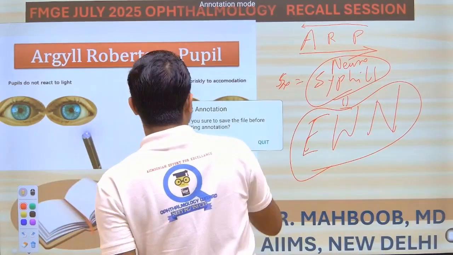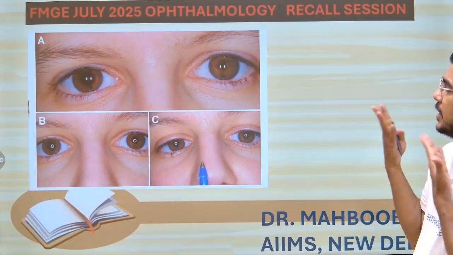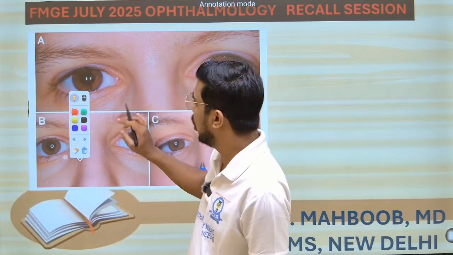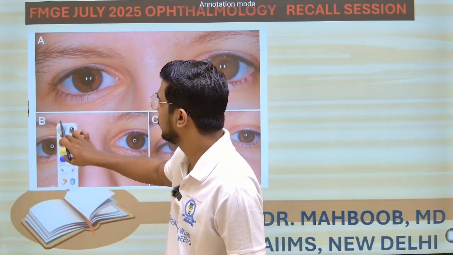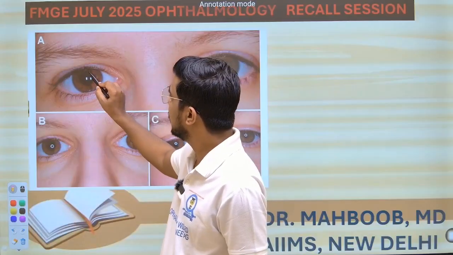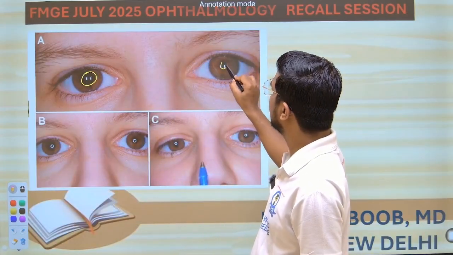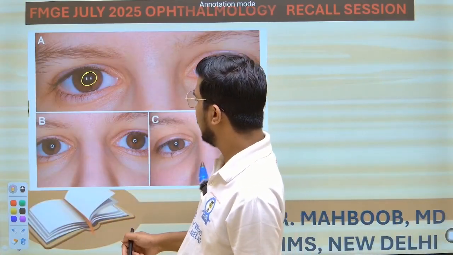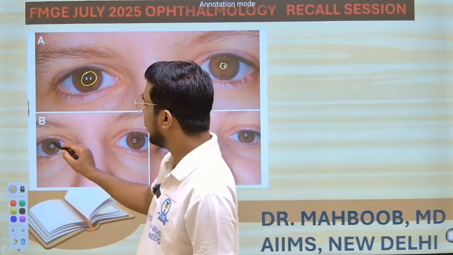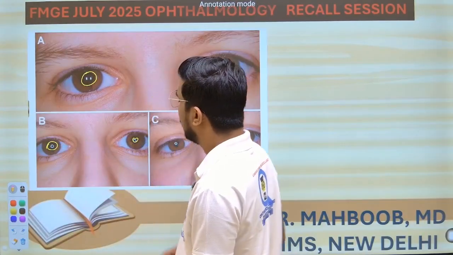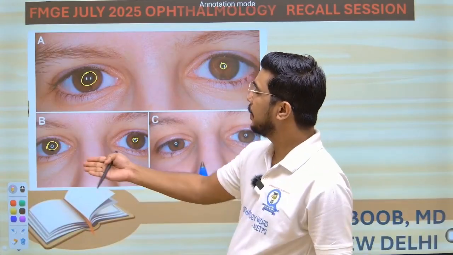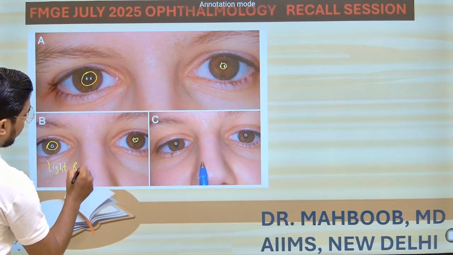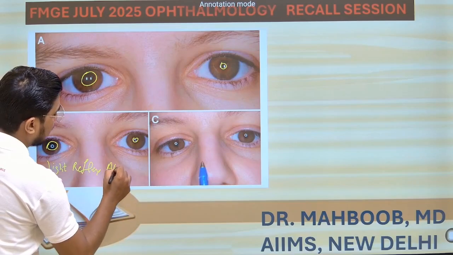Coming to one more nucleus that you need to know. Can you see the pupil size is this one and the pupil size is this one? There is a gross anisocoria, right? When there is a light reflex, nothing is happening. Again, if there is a light reflex, nothing happens. So the light reflex is absent.